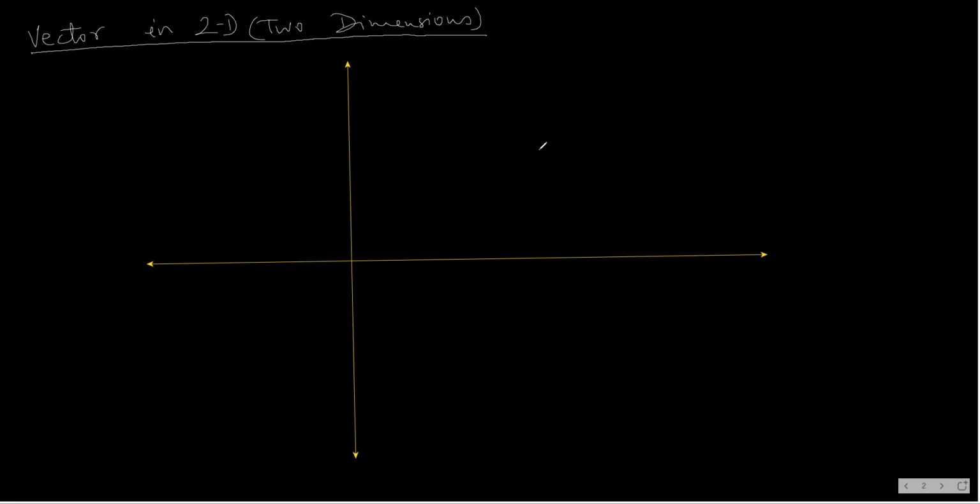So I will give you the concept for vectors in two dimension, and then we will move to vectors in three dimension. So here I have, this is x axis, positive of x, negative of x. This is positive of y and negative of y. They intersect each other at point O, which is origin.